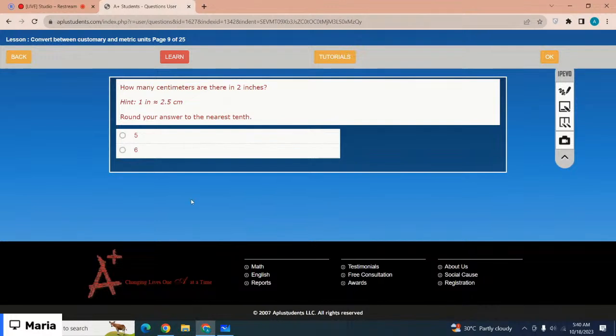Very good. 3 inches is the same as how many centimeters?